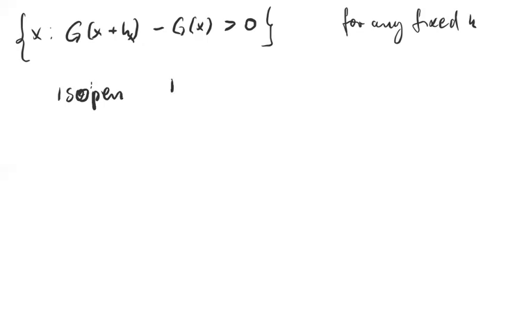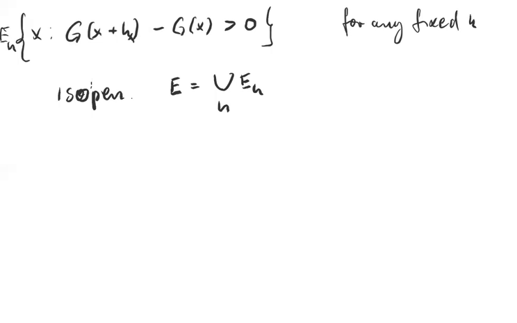And the set E is the union over h of these E_h. A union of open sets is open. So why is E_h open?